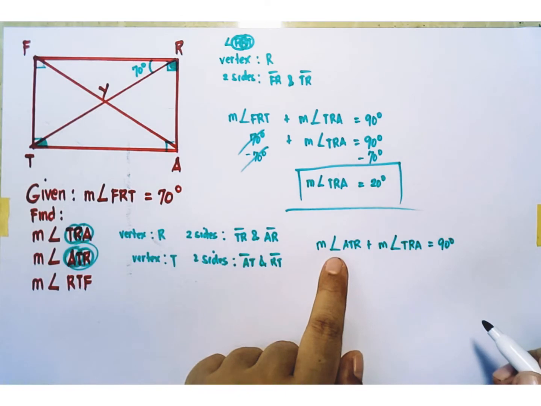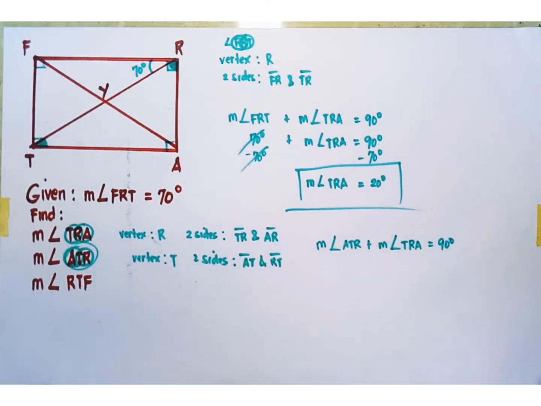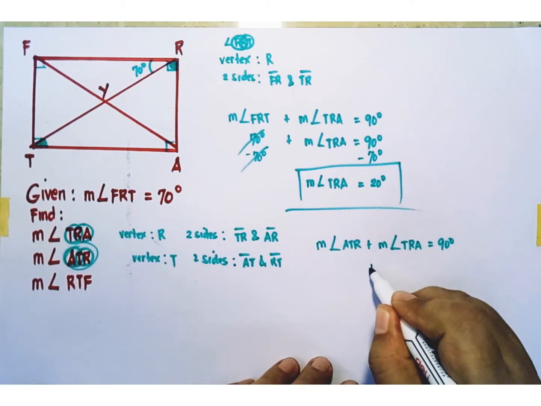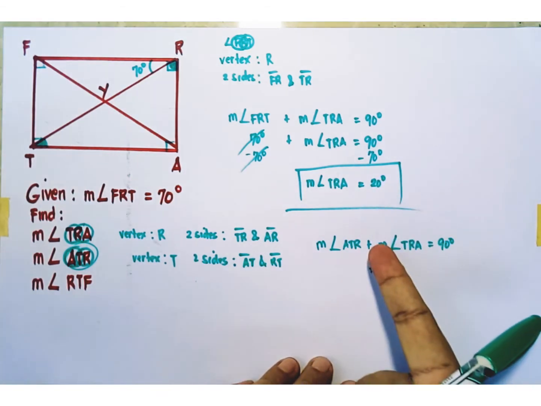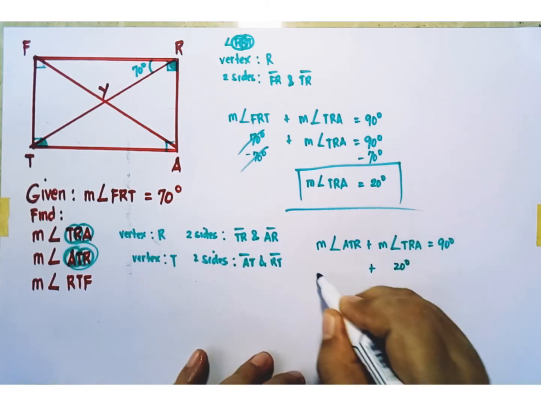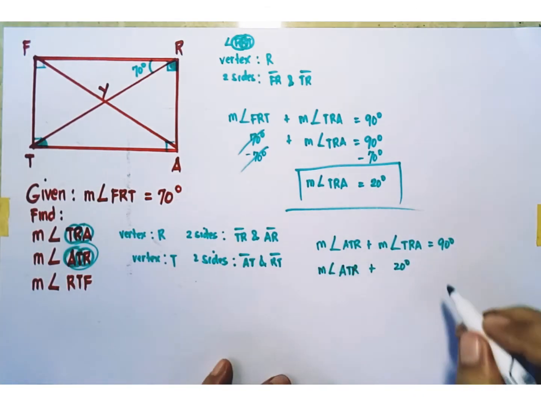Okay, measure of angle ATR is unknown. We need to isolate it on the left side of the equation. Measure of angle TRA is already solved. It's equal to 20 degrees. So we can substitute 20 into the second term of this equation. This becomes 20. Let's copy the unknown, measure of angle ATR.